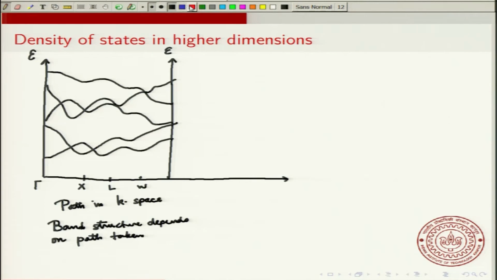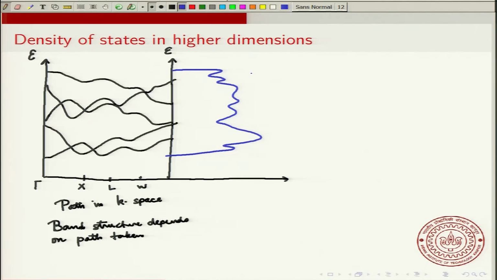Now, what is important here is that you might not see all the bands at any place. Depending on the path taken, you might not see some of the bands. So, the density of states, you will get some information that looks like this. And the point I want to make is that there might be paths that are not seen.